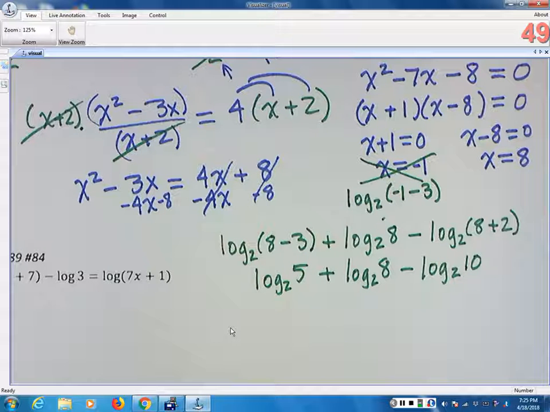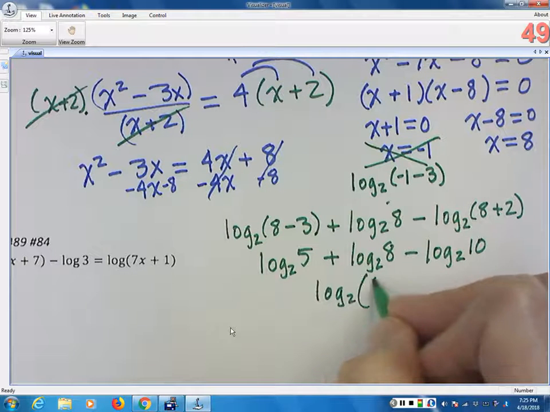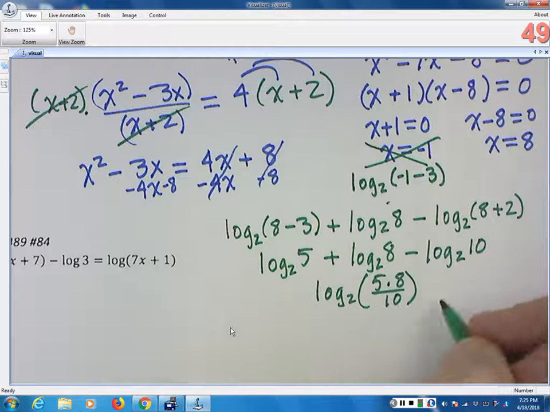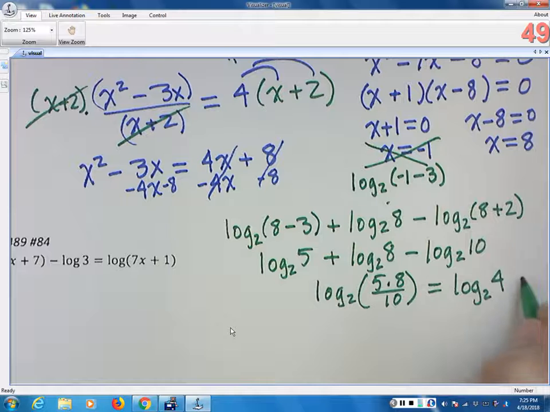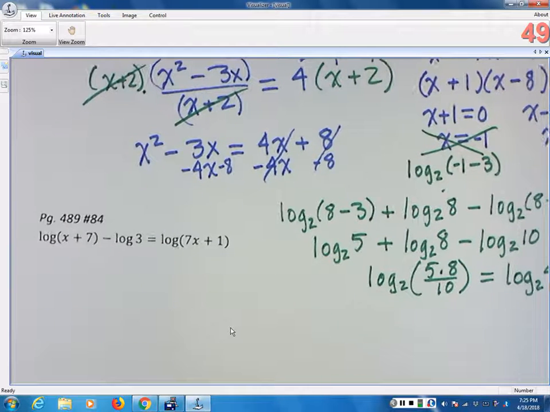And it is. I can condense that. Log base 2 of 5 times 8 divided by 10. 40 divided by 10 is 4. Log base 2 of 4. So I condensed it, but you could check with your calculators that do the different bases. And the last example on this one is, any questions?